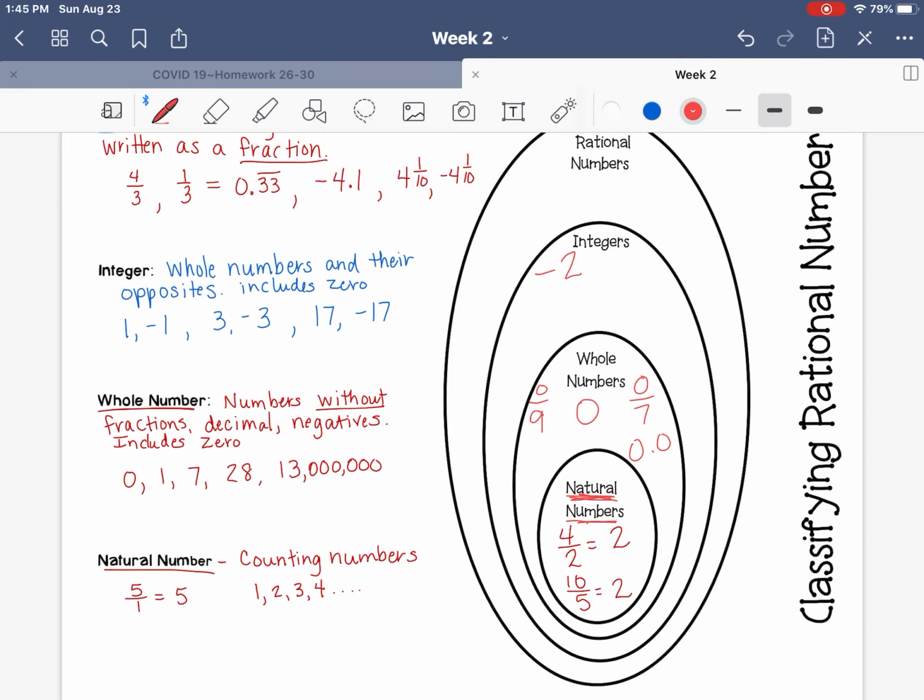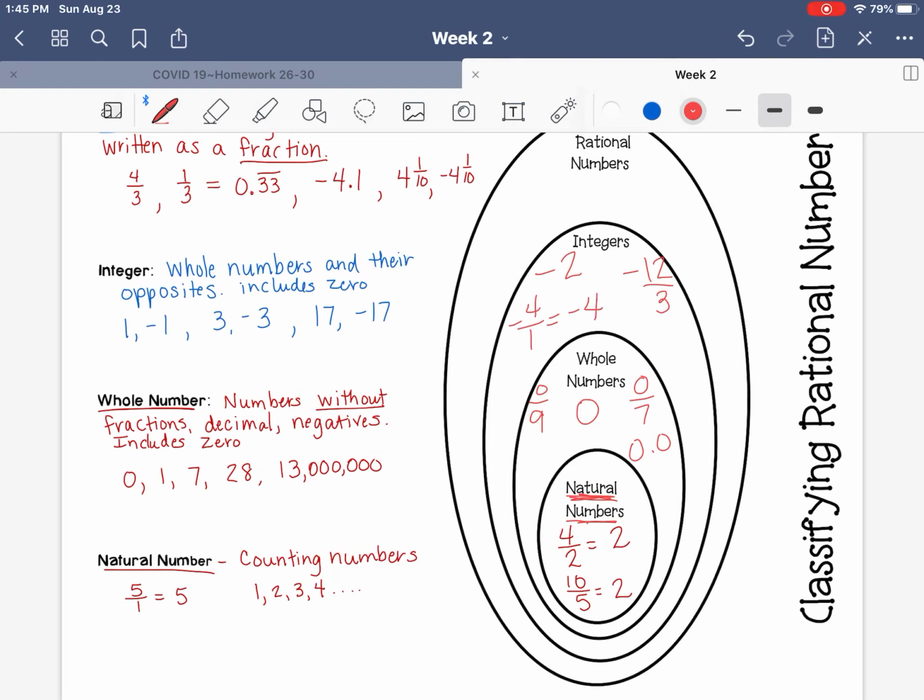So -2 is an example of an integer. -12/3 is also an example of an integer, because -12 divided by 3 would be -4. You might be given the fraction -4/1. That simplifies down to -4.